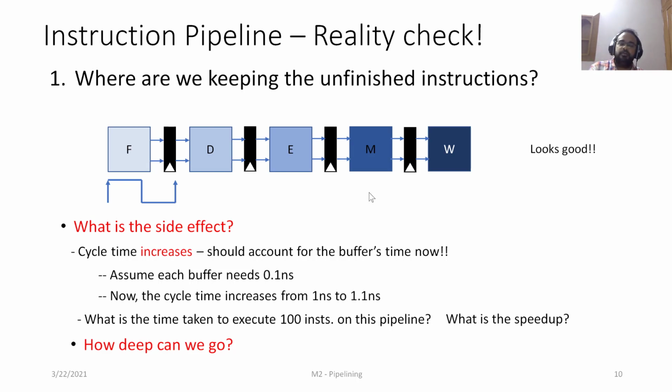So when I move from 5-stage pipeline to 10-stage pipeline, what I expect is the throughput would be doubled. But now because we have to include the buffer time also, it will no longer be the case.